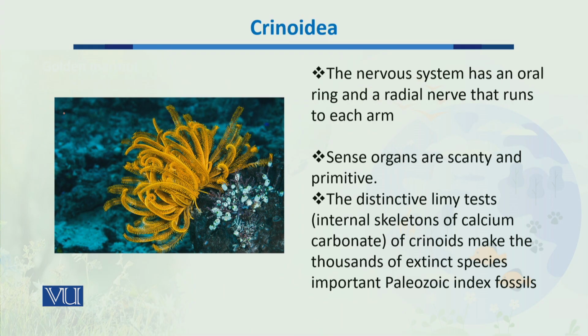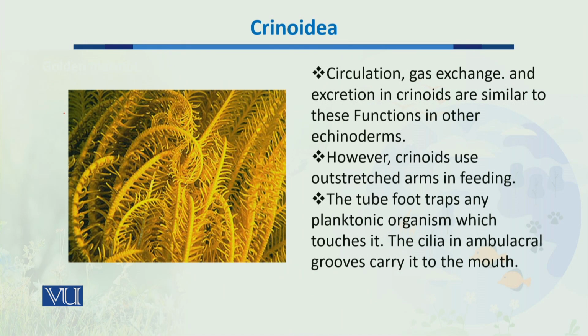So many of the organisms of this class are extinct now. When we talk about circulation, gas exchange, exchange of nutrients as well as excretion products, they are similar to other echinoderms. The water vascular system helps them in completing these functions.